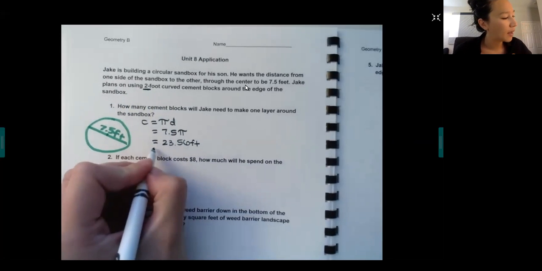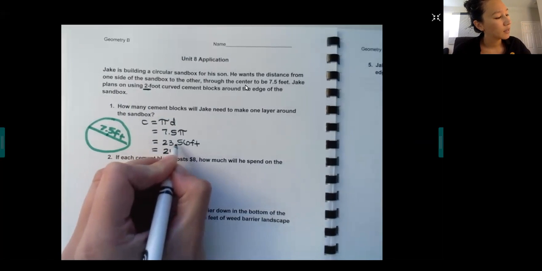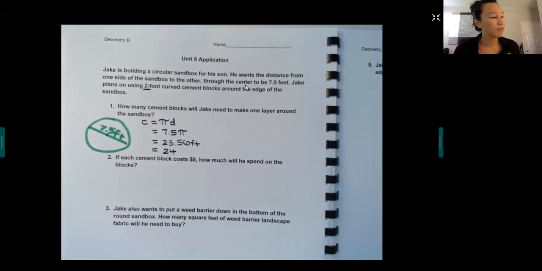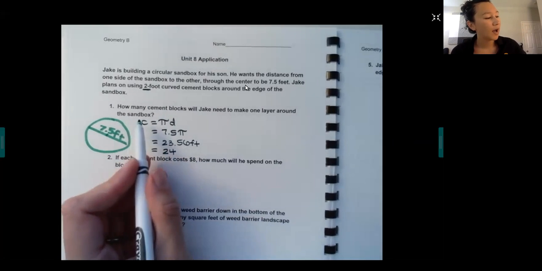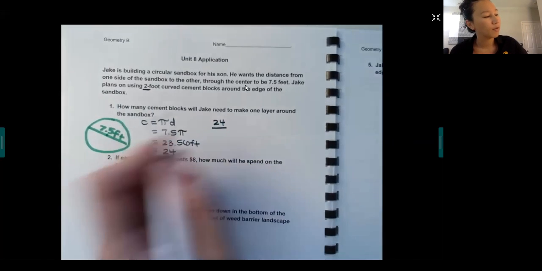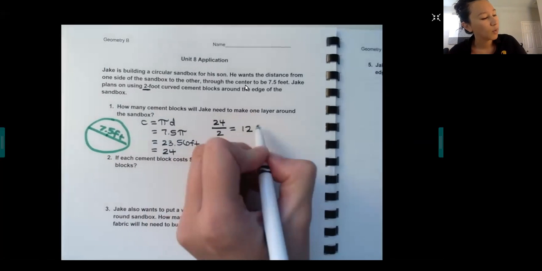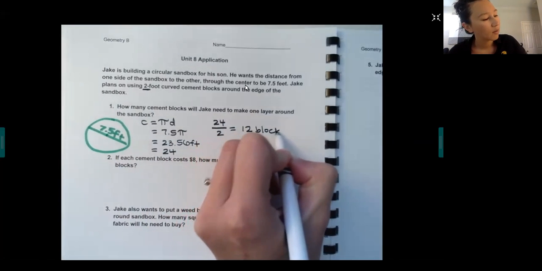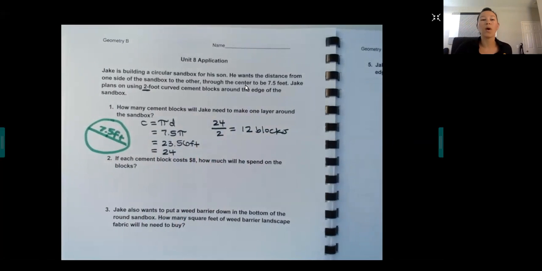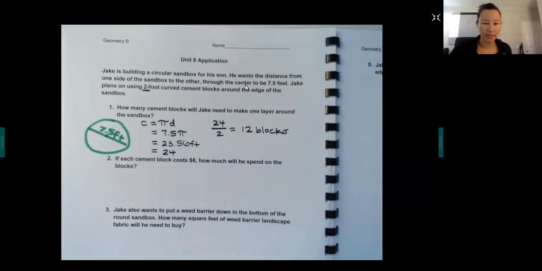So we probably want to round this. We'll round it to 24. Since it's 0.5, we'll round up to 24. And then to figure out how many blocks, well, they're each 2 feet. So if we take 24 feet and we divide it by 2, he would need 12 blocks to make one layer around the outside of the sandbox.